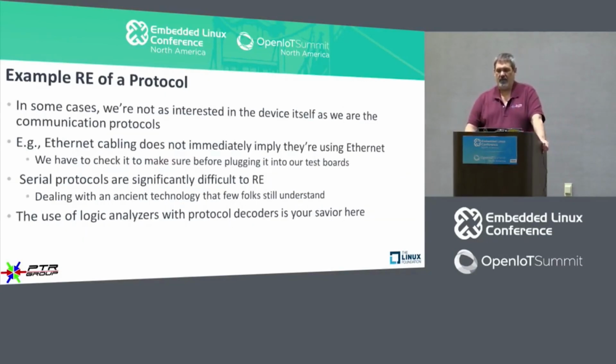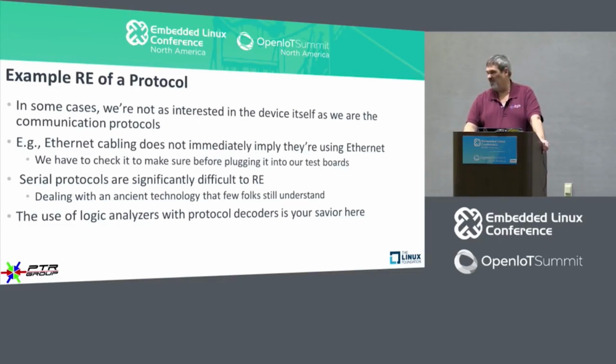Now, we'll show you real quick an example of reverse engineering a protocol. In some cases, it's not the device that we're really interested in. We're interested in the communications protocol that the device uses. Ethernet cabling, of course, just because it's got an Ethernet cable plug on it doesn't necessarily mean it's Ethernet. We see Ethernet cabling, those 8-pin RJ45s get repurposed.